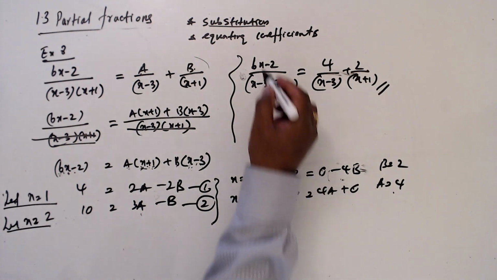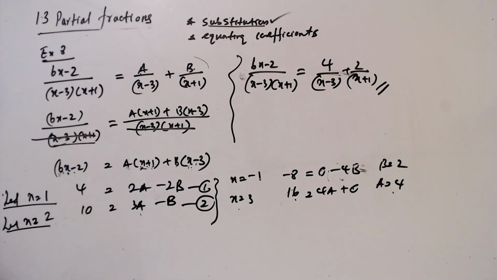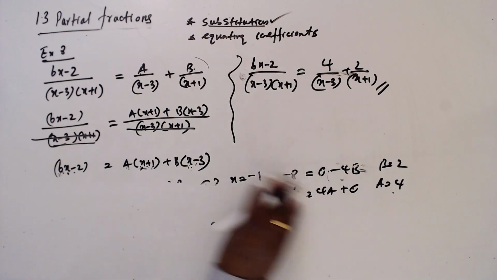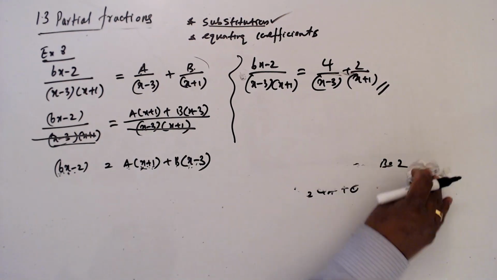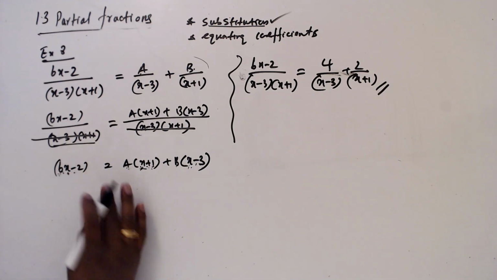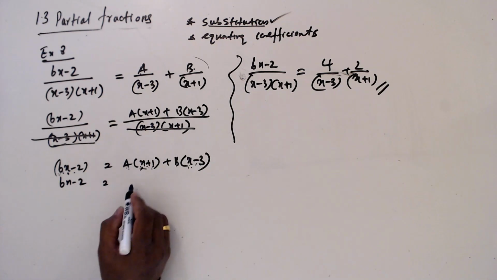So that is the substitution method. You substitute some values. Now we'll find A and B by equating the coefficients. First of all, this is 6x minus 2. Now what is this one?